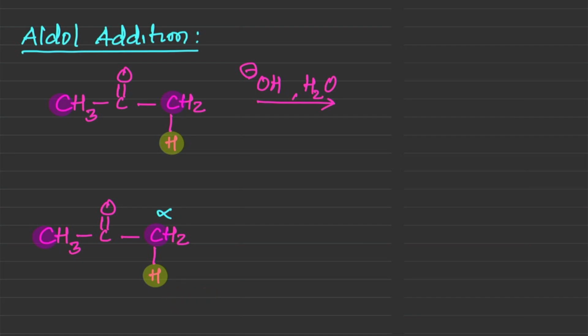And if we use a strong enough base, a decent base, let's say I'm going to be using OH minus, because that's one of our ingredients, right? So what would happen? The OH minus will abstract the alpha hydrogen, and the two bonded electrons here will go back to the carbon atom.